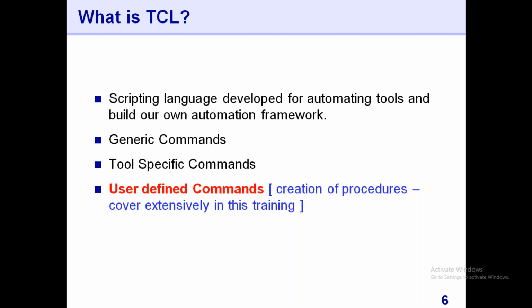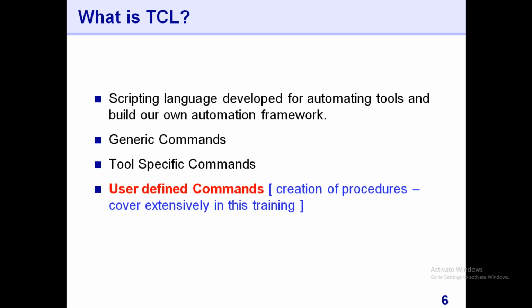If you take any Tcl script, the Tcl script mainly consists of three kinds of commands. One is the generic Tcl commands, another is the tool specific Tcl commands, and another is the user defined commands. Here I have made this red because this is our primary focus.